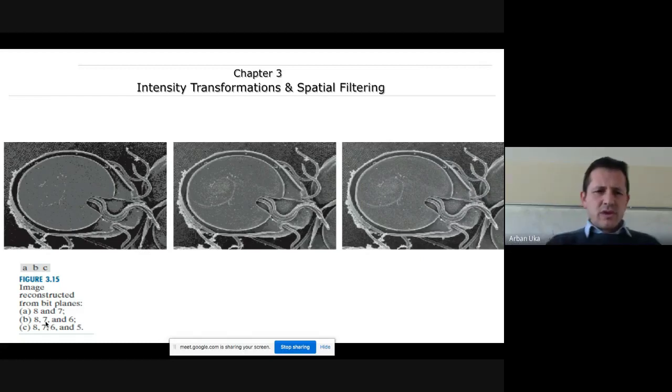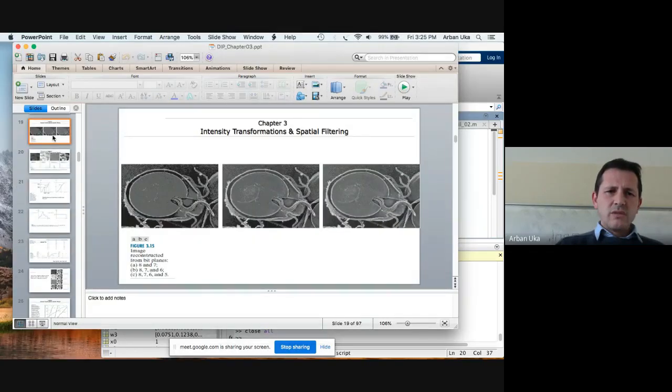We can reproduce the image as the first one, including just bit planes 8 and 7. The second one is 8, 7, and 6. And the third one is 8, 7, 6, and 5, and so on. But if we use only the 0th bit, or the most significant bit, all we see is this one.